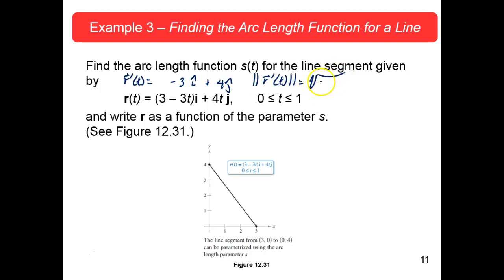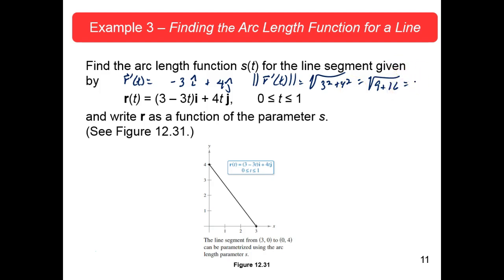The square root of 3 squared plus 4 squared, which is the square root of 9 plus 16. 4 squared is 16.